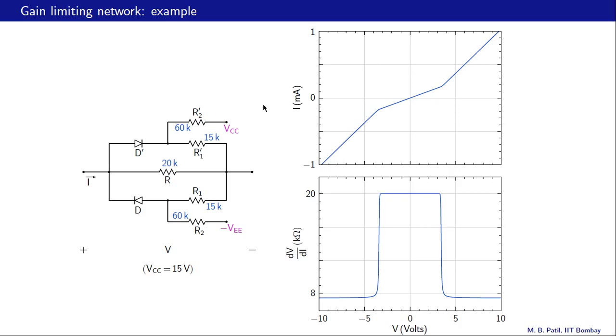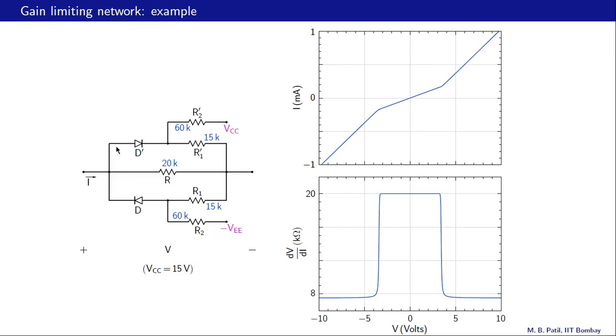Here is the current versus voltage plot, the top one. In this central region, D and D prime are both off, and the only resistance in the circuit is then this 20K, and therefore this slope is 1 over 20K. At this point, D prime turns on, and that is between 3 volts and 4 volts as we expect.